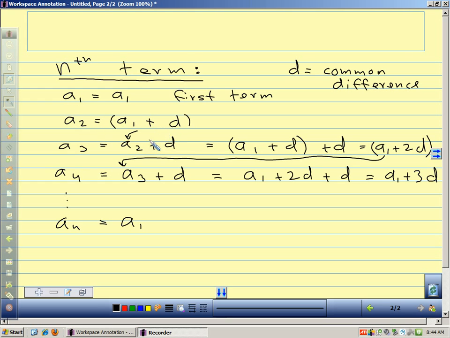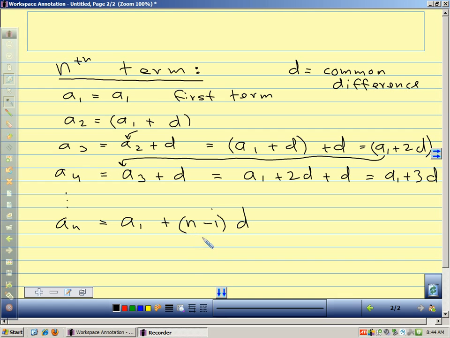So my a sub n is going to be a sub 1 plus n minus 1 times d. So here's my formula for my nth term. If I know the first term, I can find any term using this formula. Just plug in n here for whatever n is.